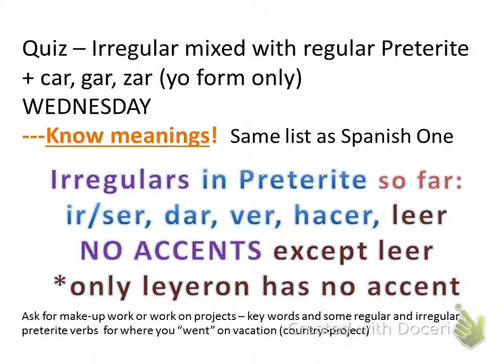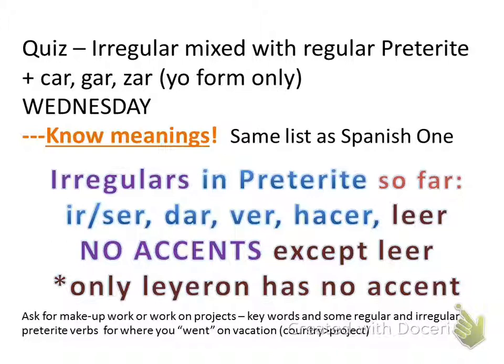Your quiz is going to have regular and irregular verbs mixed together. You'll have to know meanings of your regular ones, and you'll have to know that these are the, again, it depends if you count ir and ser as separate verbs or together since they're the same box. So 5, technically 6 verbs there to remember. No accents to worry about for the irregulars except for leer.